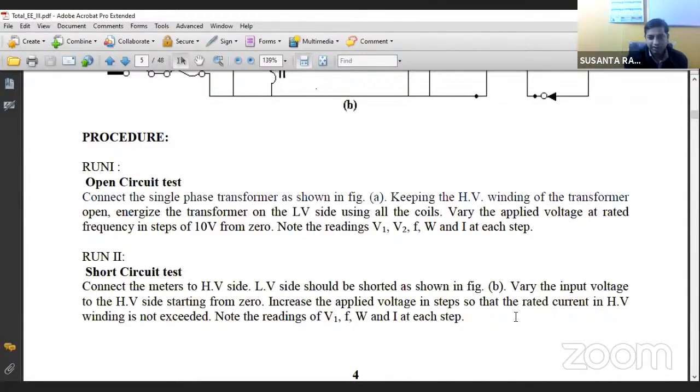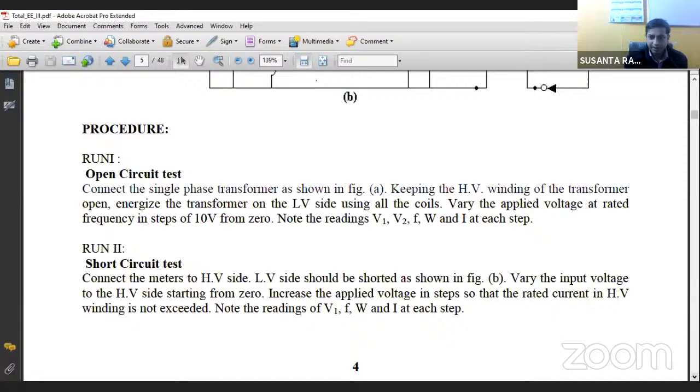When the ammeter reading reaches the rated current value, then we'll stop varying the variac. So you have to remember that is the rated condition at which you take all these readings. But you have to take readings for all the current values.